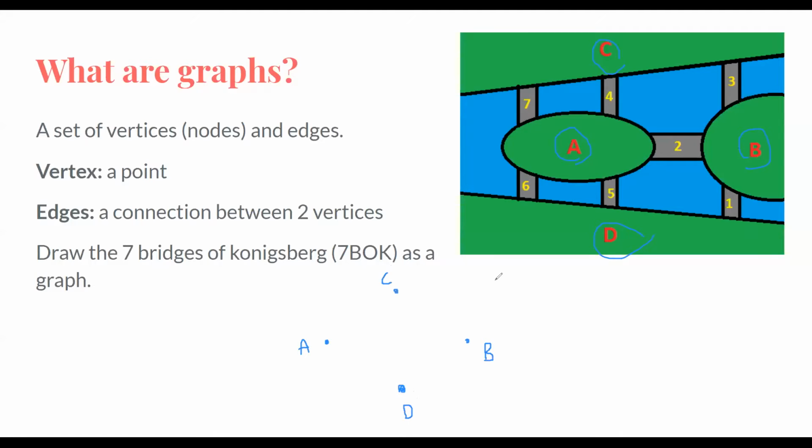Someone raise their hand to volunteer to annotate on the screen and show what the graph will look like and draw the edges for us. All right, Grace, go ahead.